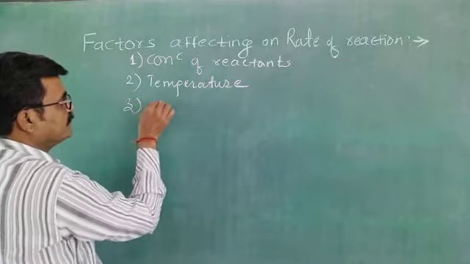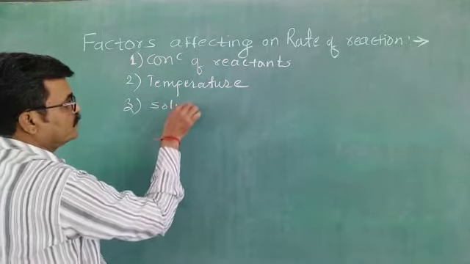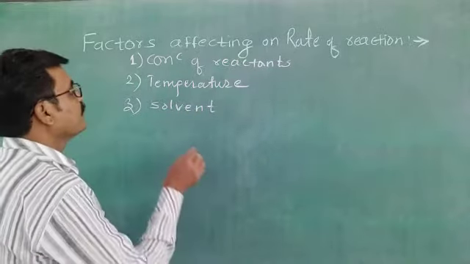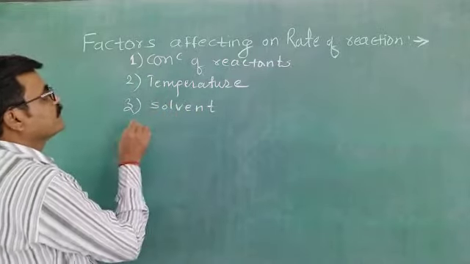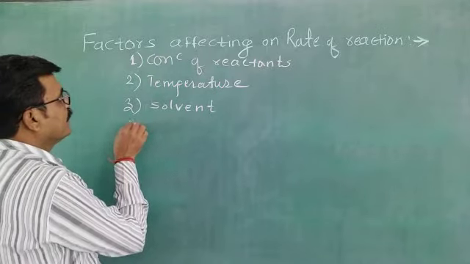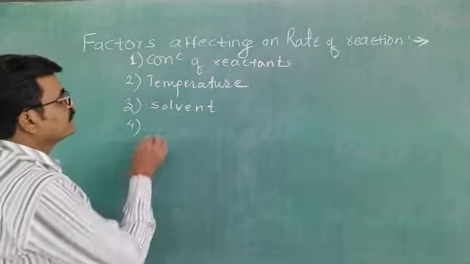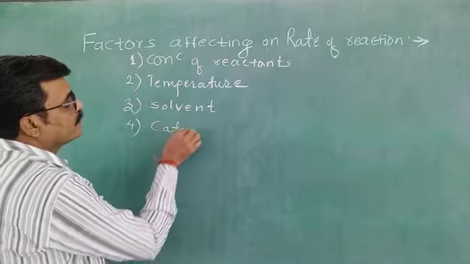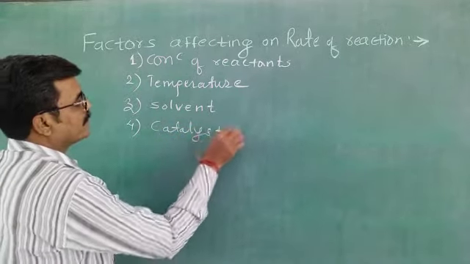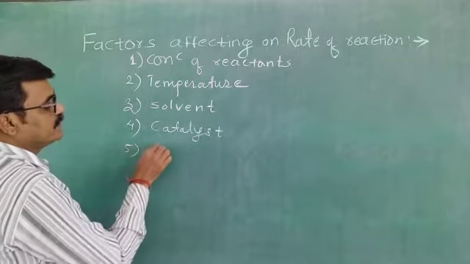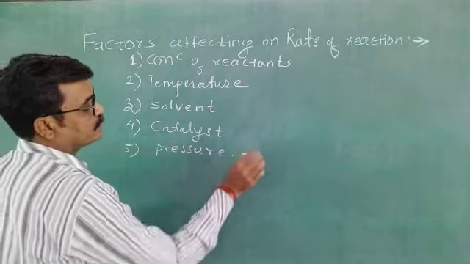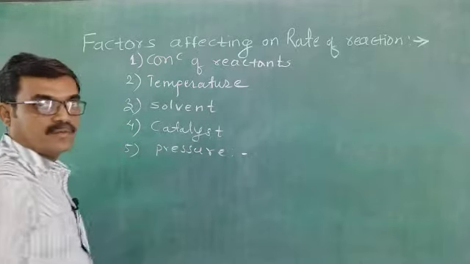Third one is effect of solvent, meaning the rate of reaction also depends upon the nature of the solvent. Fourth one is the effect of catalyst on the rate of reaction, and the last one is the effect of pressure on the rate of reaction. Now see one by one.